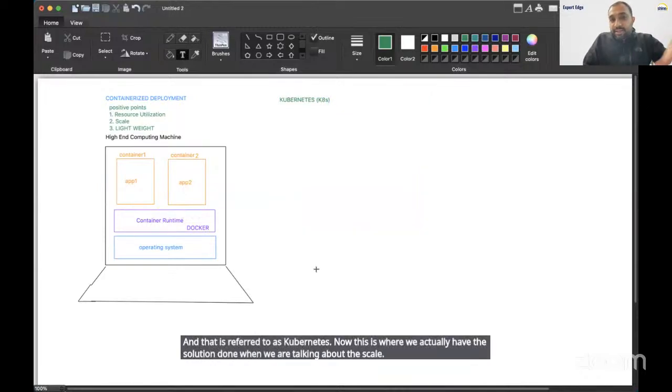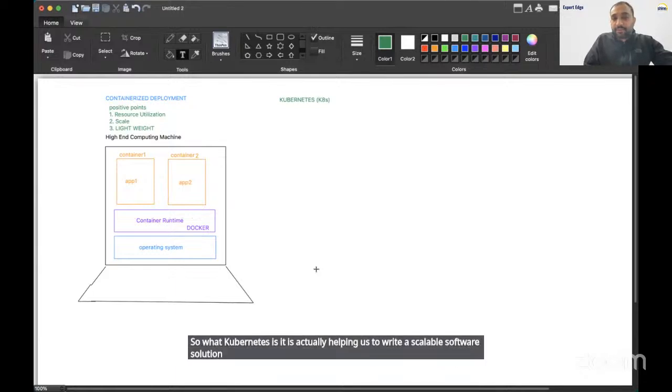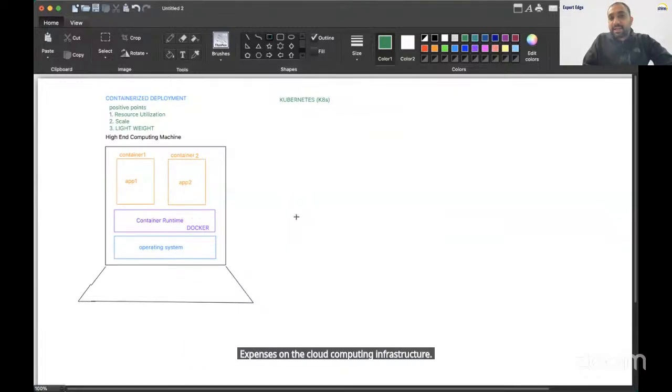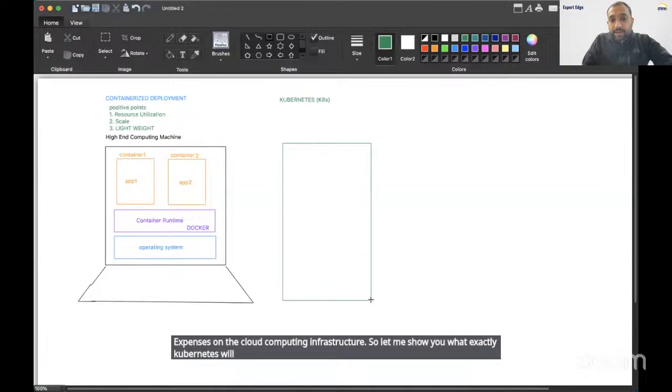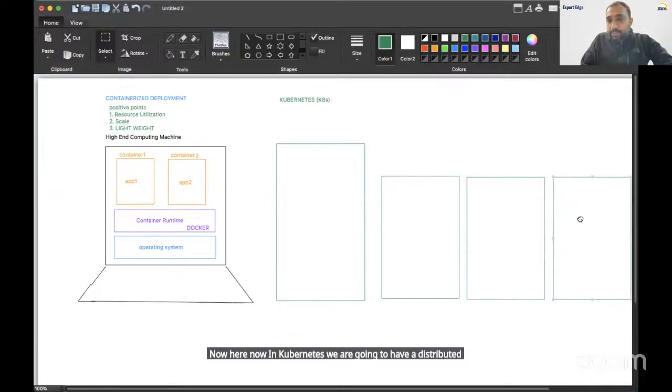What Kubernetes does is help us write a scalable software solution, which can be in the form of web, mobile, or any type of solution which is going to be scaled in future, and we also need to save our expenses on cloud computing infrastructure. So let me show you what exactly Kubernetes will do for our scaling part. Now here in Kubernetes, we are going to have a distributed architecture coming into the picture.